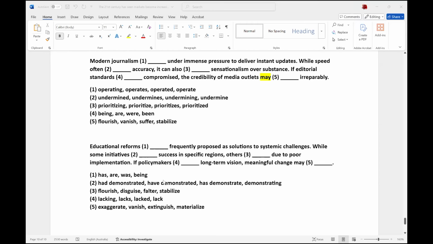Vanish. Will vanish. Vanish is like disappear, right? Yeah, it's gone. And extinguish is like going to be gone. Like the flame of a candle, extinguish means it's gone.